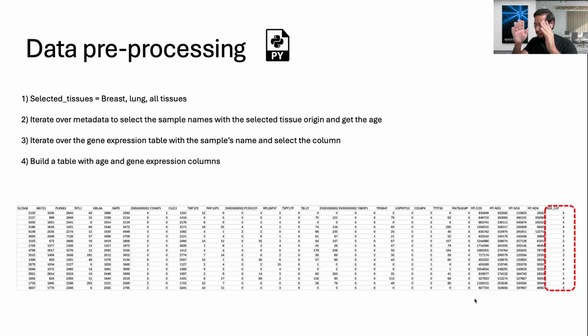So, okay, I iterate over those same two files, extracting the RNA-seq, went to the metadata, extract the age of that sample, and that's it. I have a table like this at the end. So I just plug the age in the gene expression of the sample.